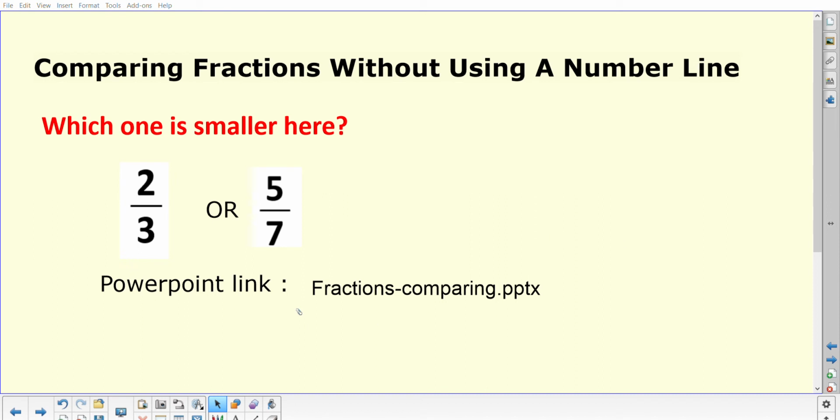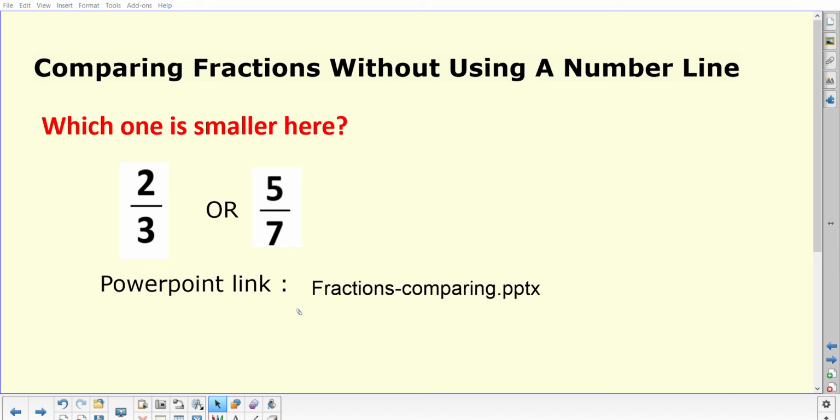The multiples of 7, your 7 times table, are 7, 14, 21, and so on. The first number that's in both of those times tables is 21, so we say the lowest common multiple is 21. We use this LCM, standing for lowest common multiple, which is the first number that's in the 3 times and the 7 times table.